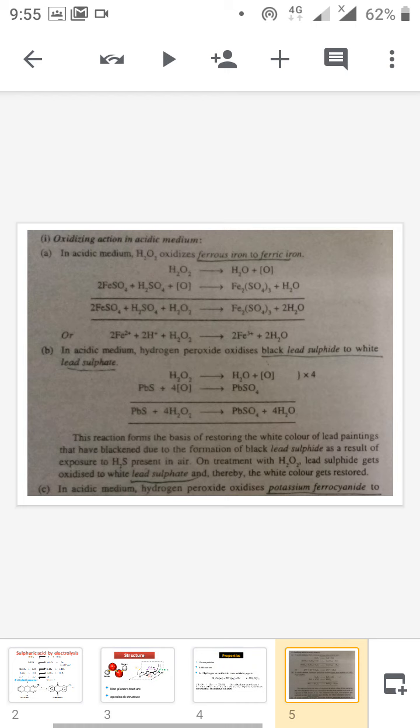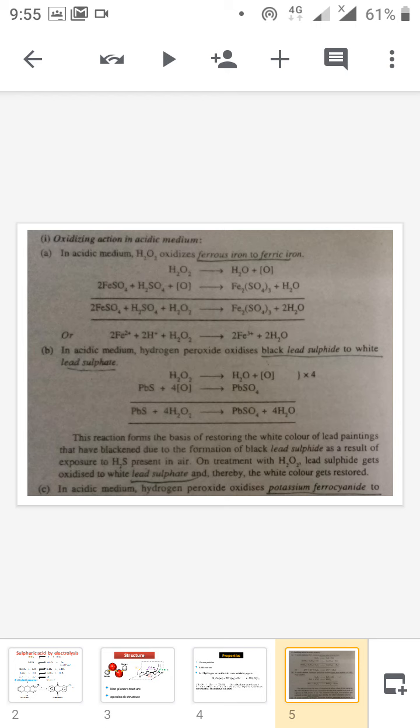Now we are moving on to some of the oxidizing properties of hydrogen peroxide, or the reactions of hydrogen peroxide with some compounds in acidic medium. We can see the first example. We can convert ferrous ion to ferric ion in acidic medium by hydrogen peroxide oxidation.